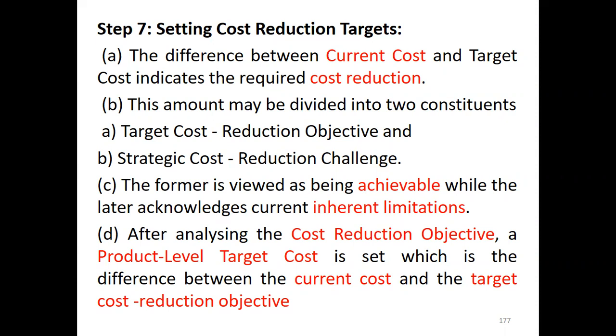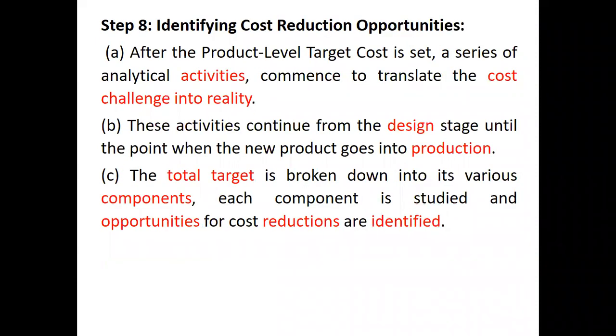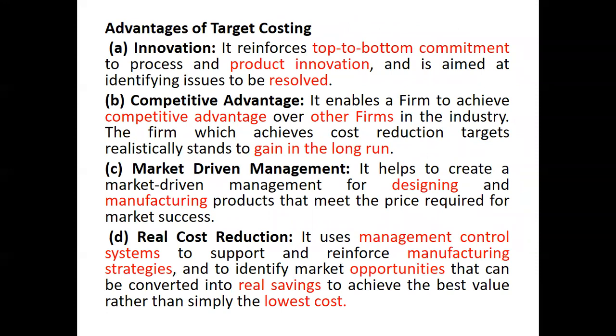So you should have a flexible approach for it. Then identifying cost reduction opportunities. Every departmental head, every employee working in the organization, should think in such a way that he gets at least a few ideas to reduce the cost. So these are the steps that we had studied in the last lecture.